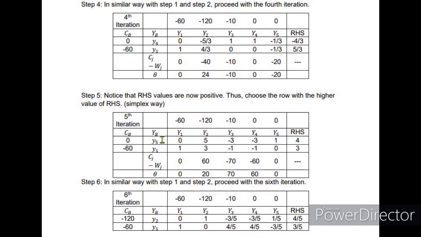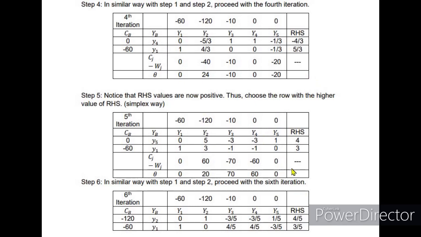Now you will make an identity matrix between the basic variables y sub 5 and y sub 1, so this value should be 0. What is our multiplier to make this value 0? The multiplier is negative 1/3, because it is the previous value of the corresponding cell of y sub 1.